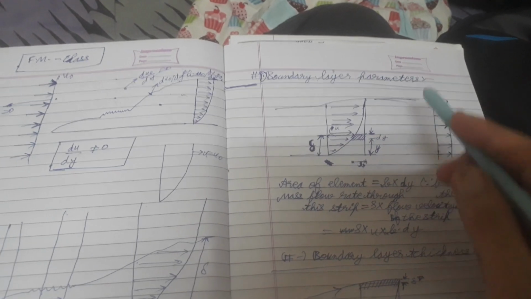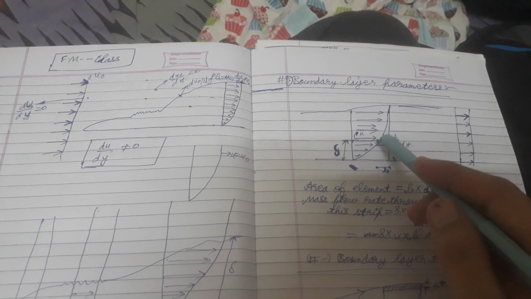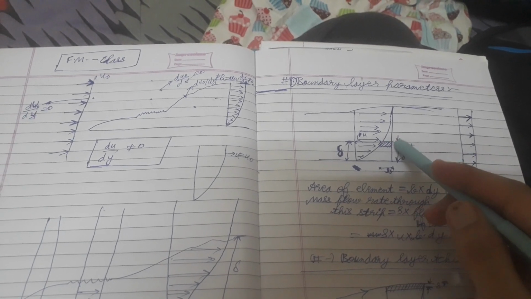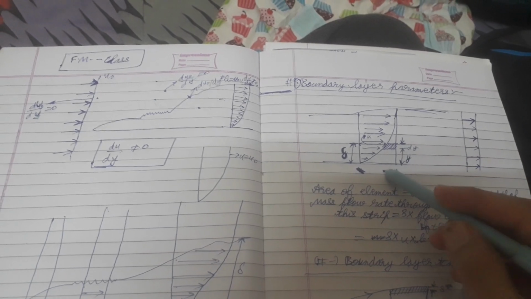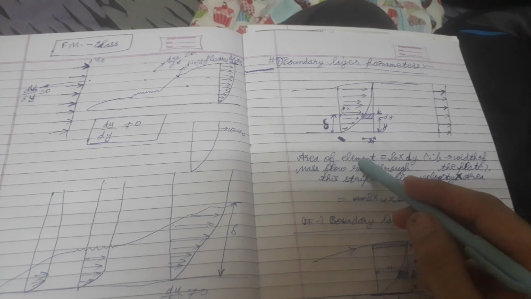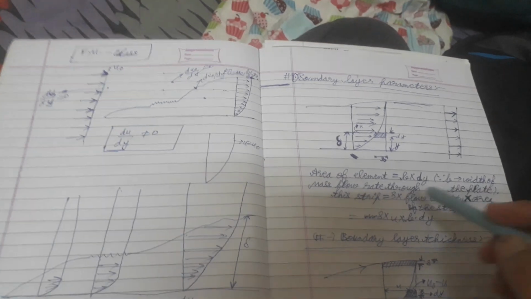Boundary layer parameters: delta, u, dy, y, b, these are the arrows. Area of element is equal to b into dy, since b is the width of the plate.